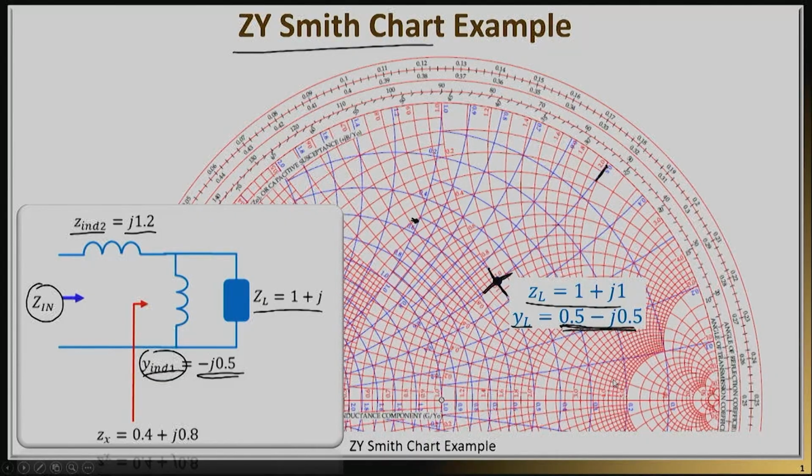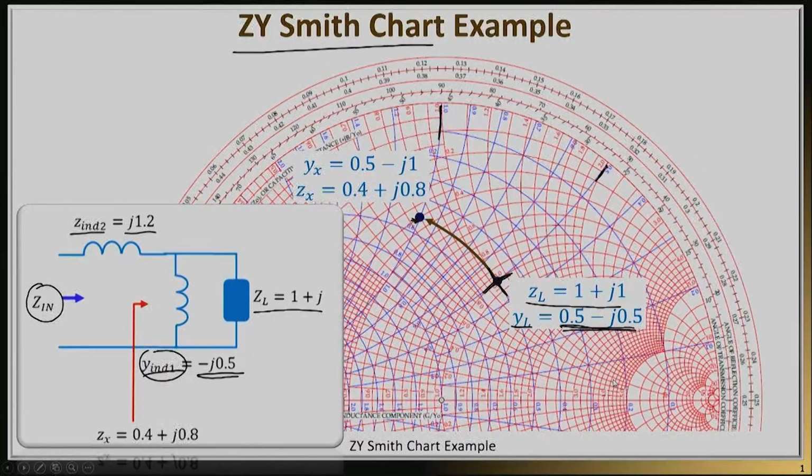So now I have to move along this circle right here, while the real part remains the same, but the imaginary part grows to negative j1. So here's the circle of negative j1, and that means my point will be right here. So Yx, the admittance here, is going to be equal to 0.5 minus j1.